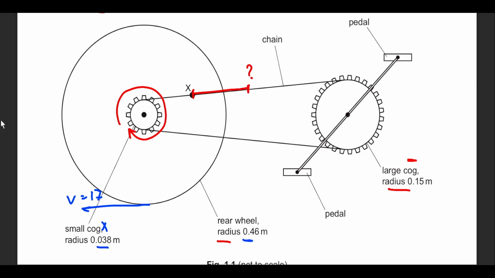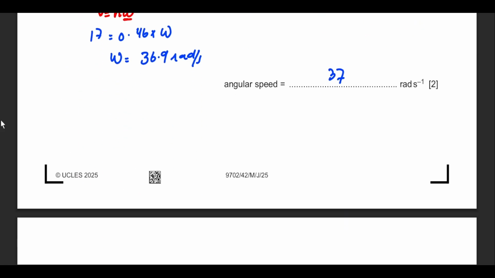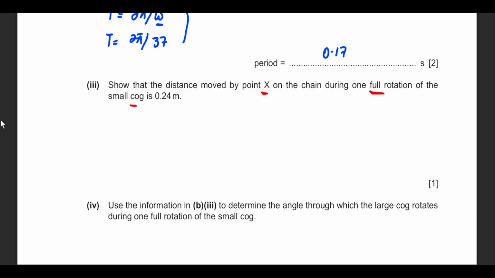So if you find the circumference of this smaller cog, we can equate this to the distance moved by X. So simply put, this will be equal to 2 pi r equals 2 pi into 0.038, and this becomes 0.238 meters, which will be 0.24 meters.